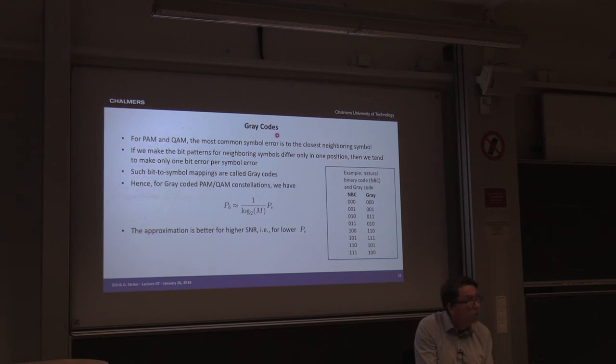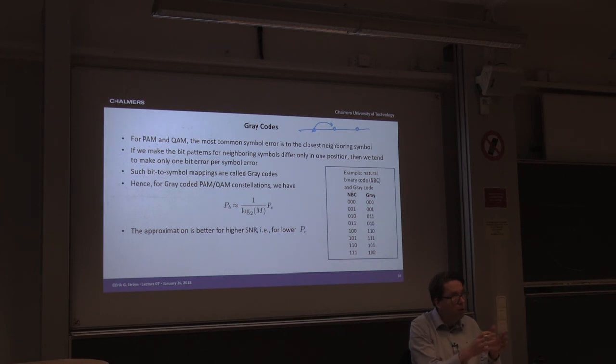Gray codes. Okay. Can I get 2 minutes of your weekend? 3? Okay. For PAM and QAM, the most common symbol error is to the closest neighbor, right? So if we have our signal points here, the error I make is most likely to the neighboring one, because that has to do with the noise.